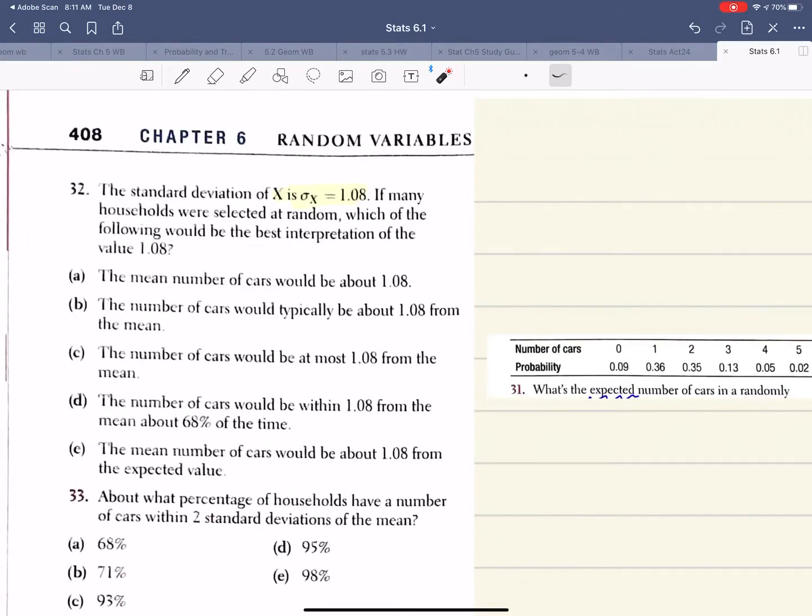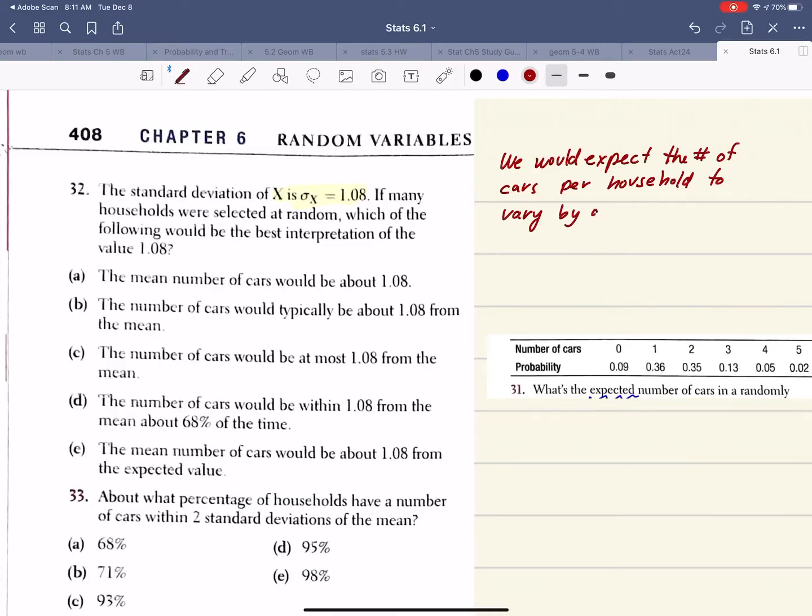Again, in our notes we said we would expect the number of cars per household to vary by about 1.08 cars from the mean of 1.75 cars. Okay, that's what standard deviation means.